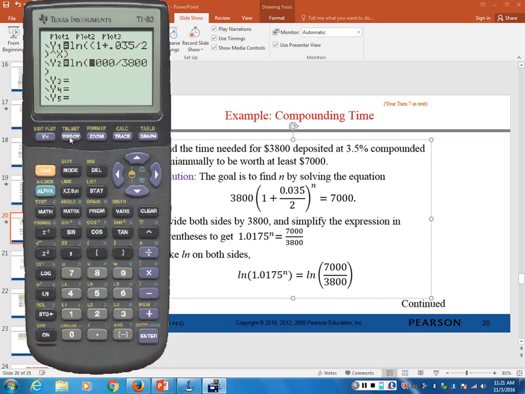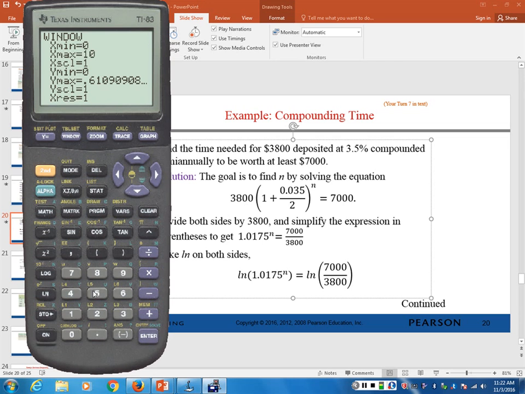You can, again, go to your window, and I'm going to start out at 0 to 10, and go zoom, fit. Okay, way up there is the constant, so I need to increase my window.